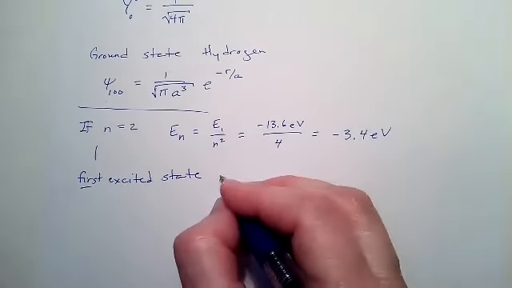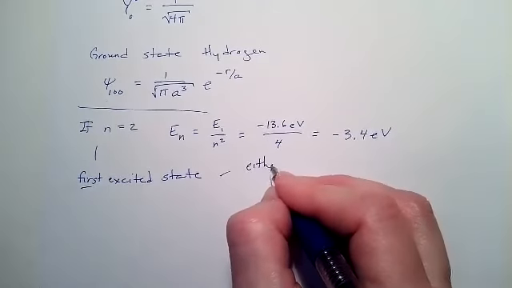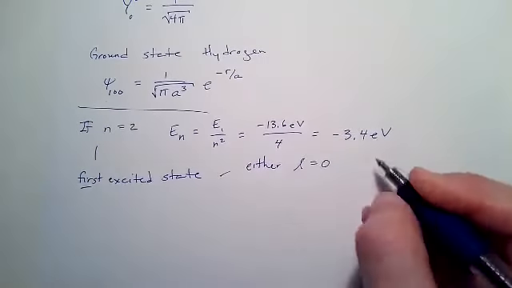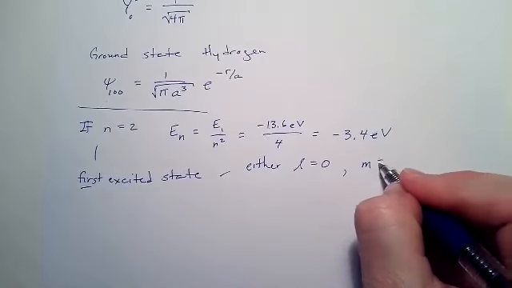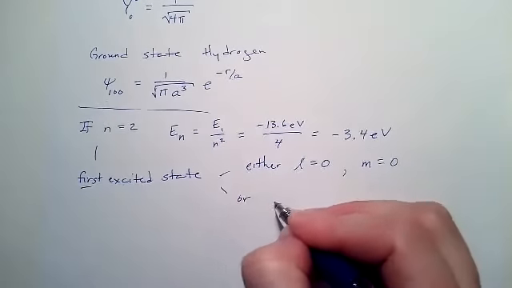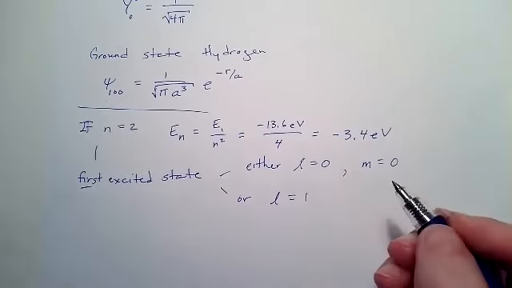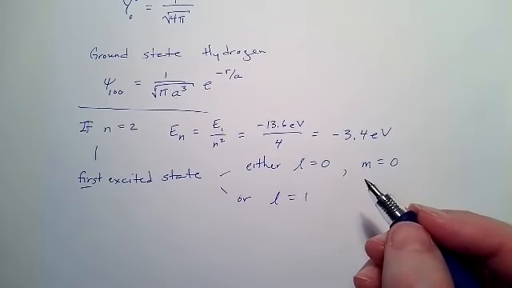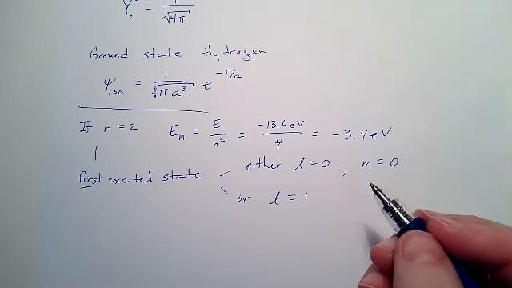So in our first excited state, we can have 2 cases. Either we can continue with L equal to 0 and m must be equal to 0, or we can have L equals 1, because L can equal 1 less than n, right?